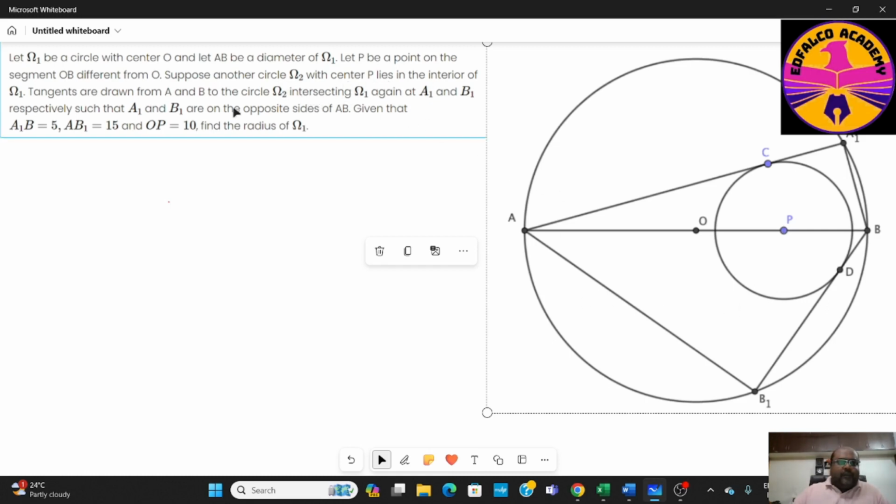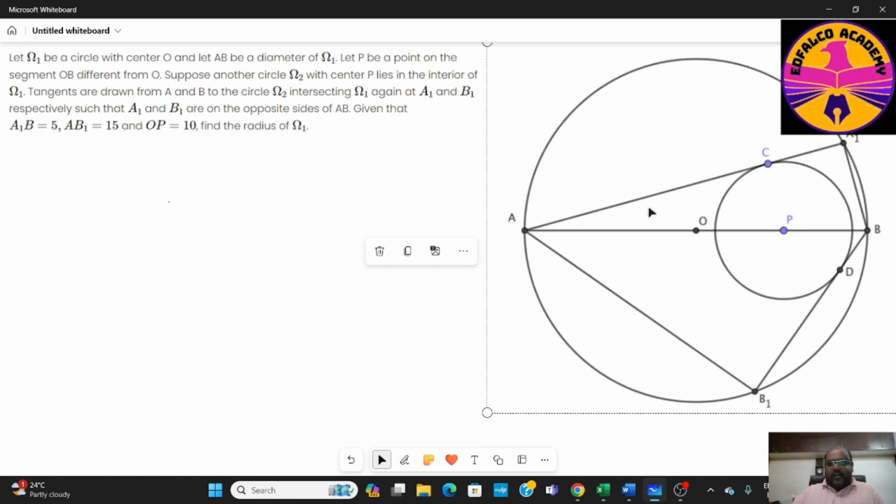Now, tangents are drawn from A and B to the circle sigma 2, intersecting sigma 1 at A1 and B1 respectively. So what is being told is that there is a tangent drawn from points A and B on this inner circle.